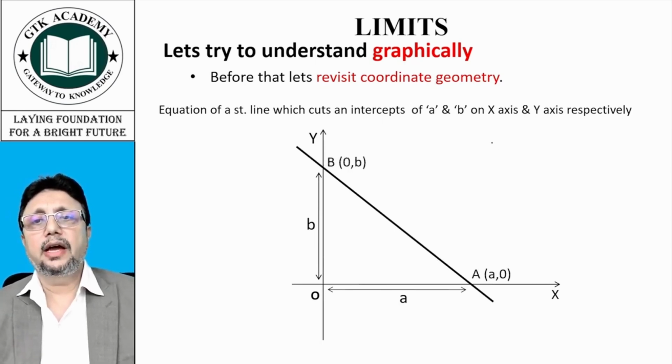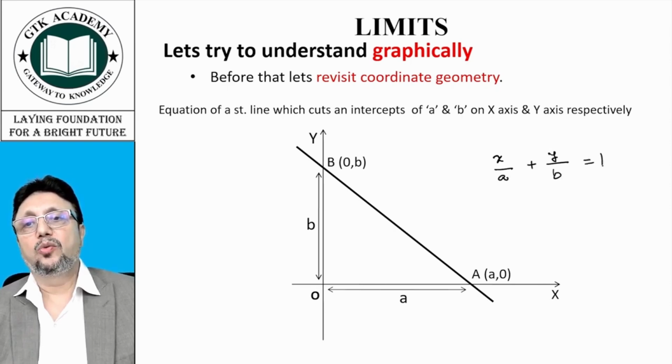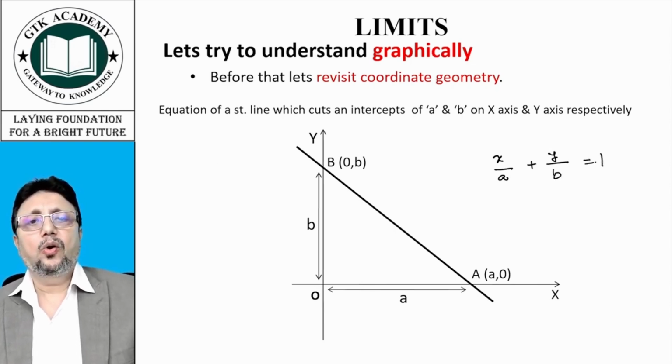The equation of this line is x upon A plus y upon B is equal to 1. Now, depending upon the values of A and B, whether they are positive, negative, or one positive and one negative, we will have the orientation of the line.